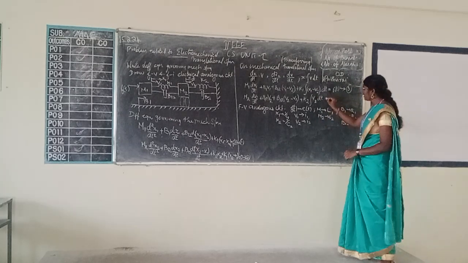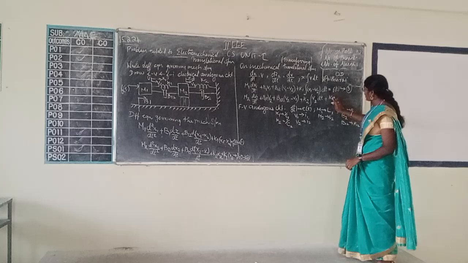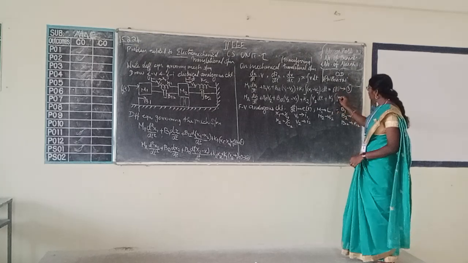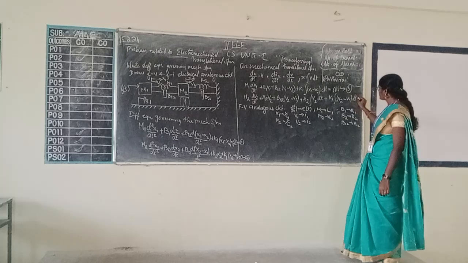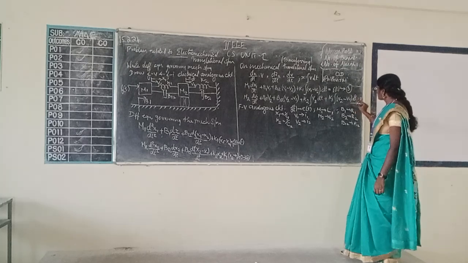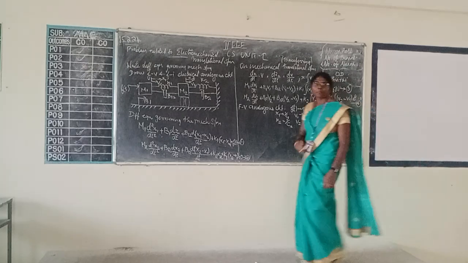The next term is k1 integral of (v2 minus v1) dt is equal to what? 0. And this will be written as equation number 4.